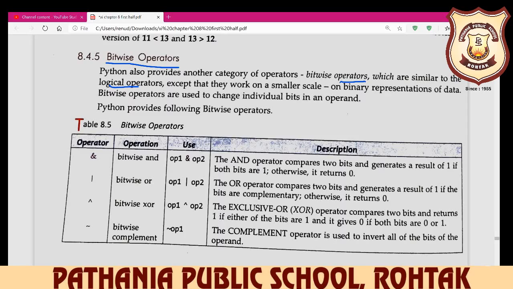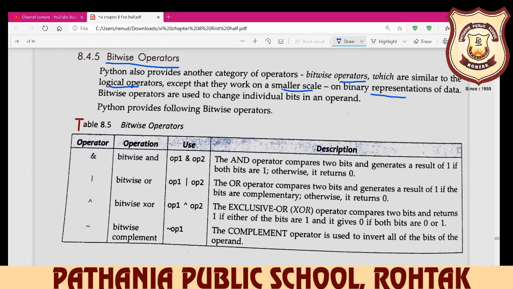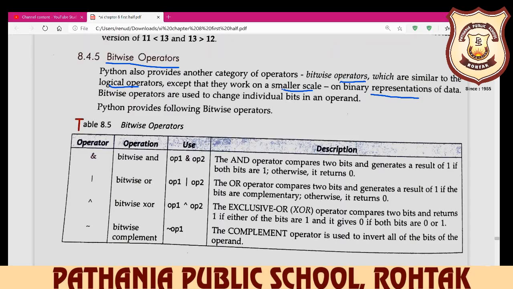Except that they work on a smaller scale. Your bitwise operator works on a smaller scale, but a logical operator works on a bigger scale, on the binary representation of the data. Binary representation means 0 and 1 representation.